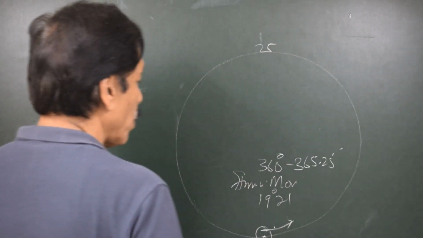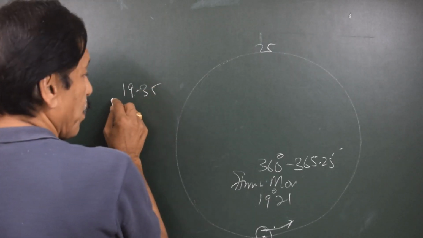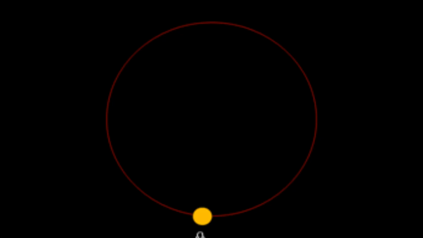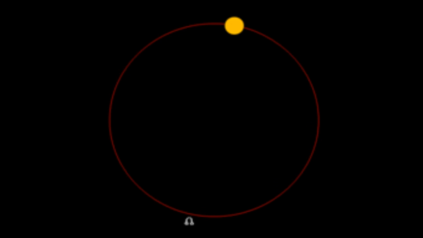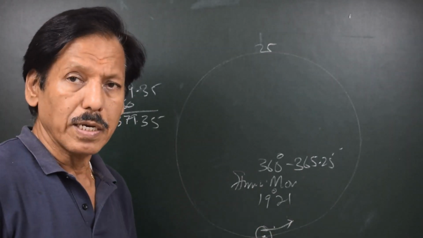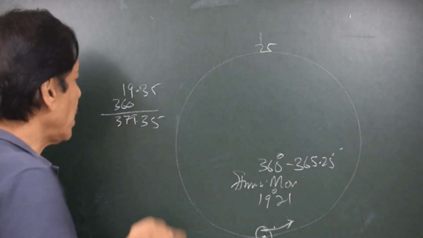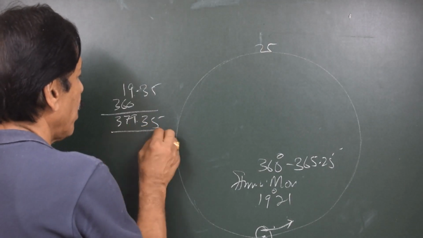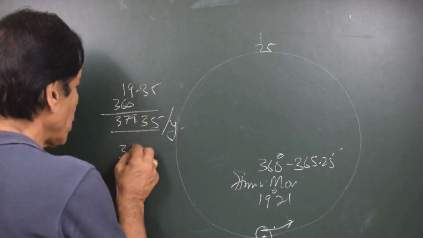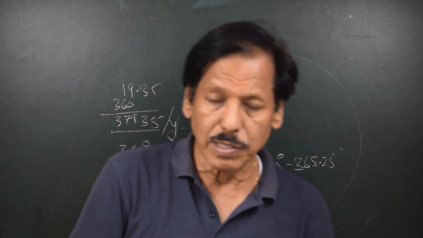So the total amount moved by the two is 19.35 plus 360 degrees, that is 379.35. That means the rate of separation of the ascending node or descending node from the sun on the ecliptic is 379.35 per year. That means to cause a separation of 360 degrees, it will take about 346 days.